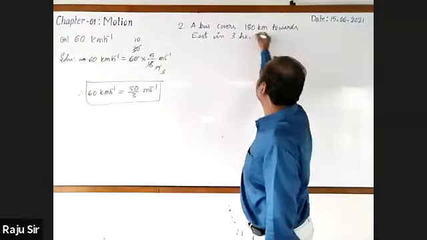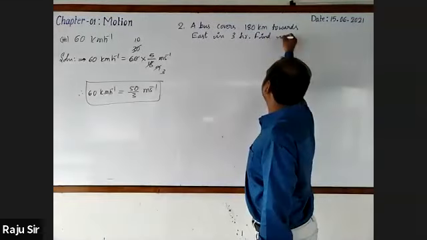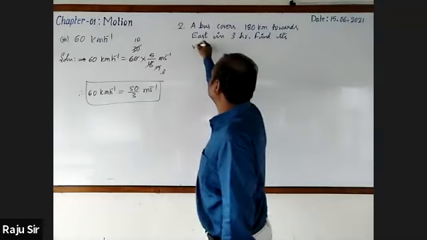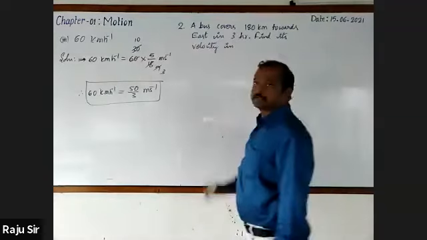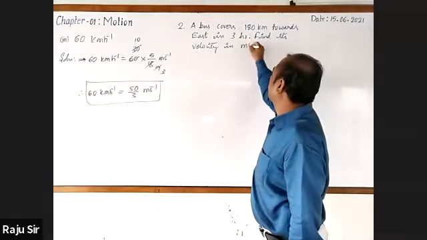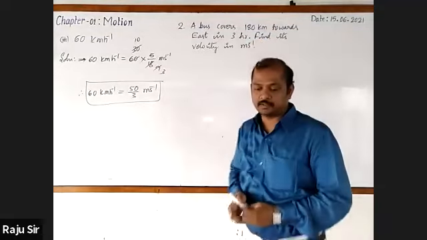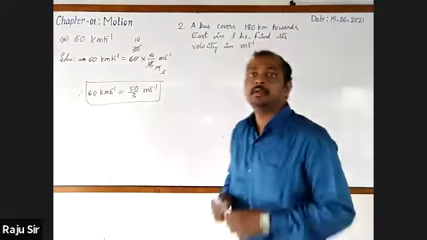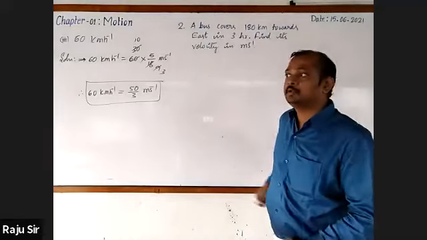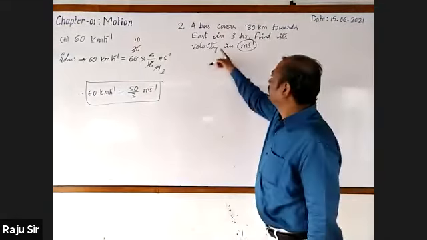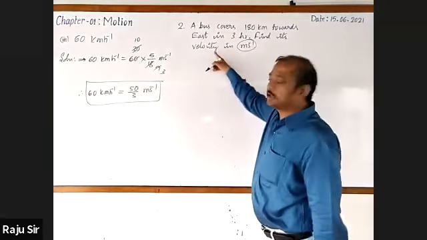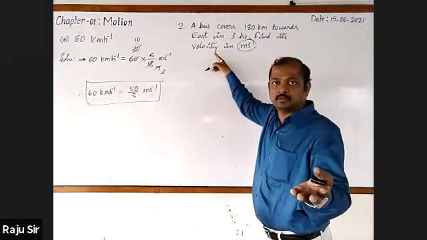Find its velocity in meter per second. Even instead of meter per second, they may give it like this also: find its velocity in SI units. Both are the same only.